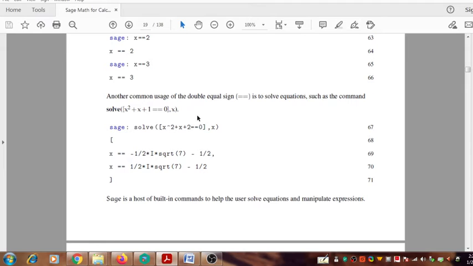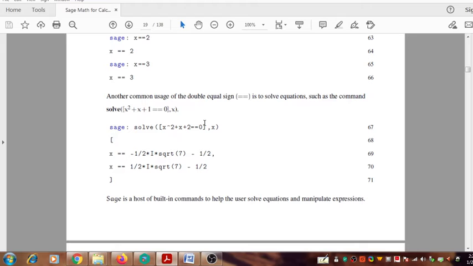Now we are going to discuss more about the double usage of the equality symbol.